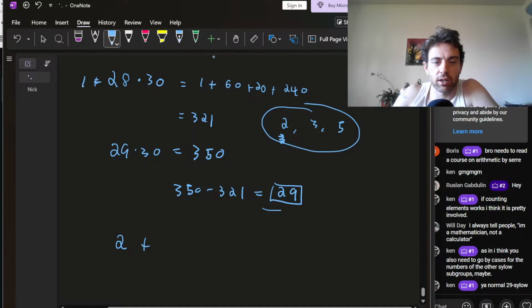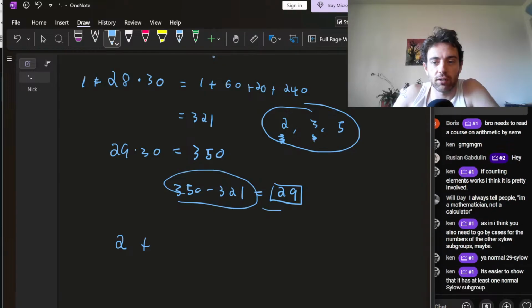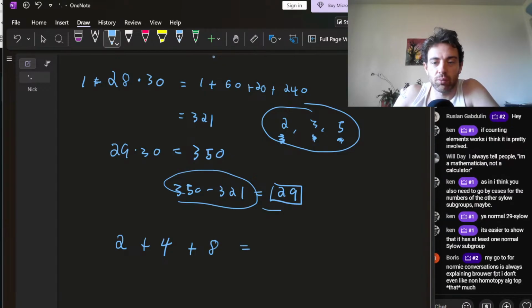We already counted the identity in here, by the way. You would have at least four elements coming from that, and then finally you would have 2 times 4, at least 8 elements here.